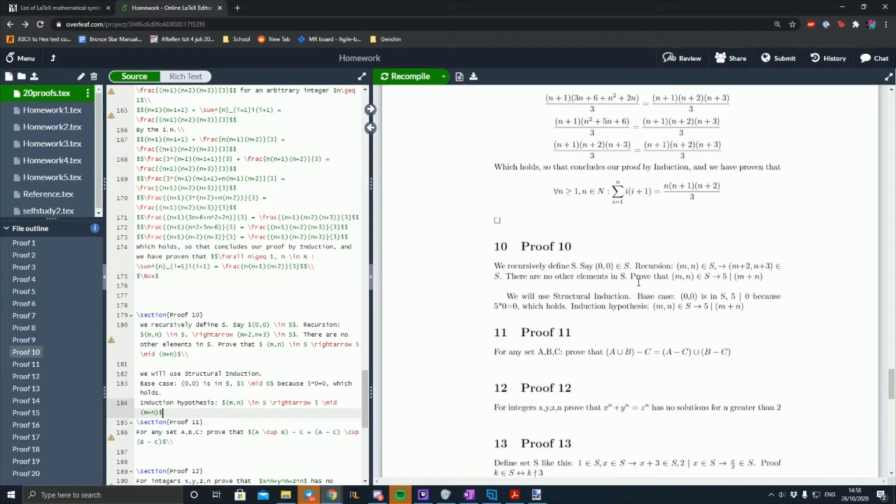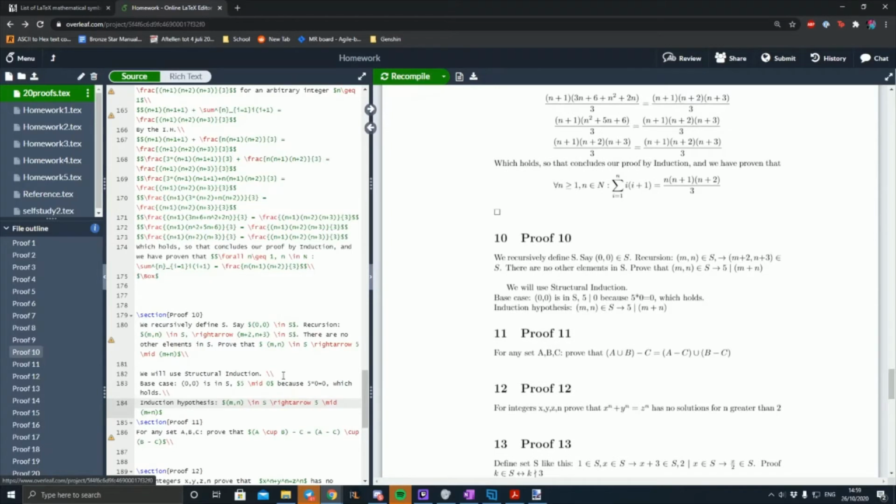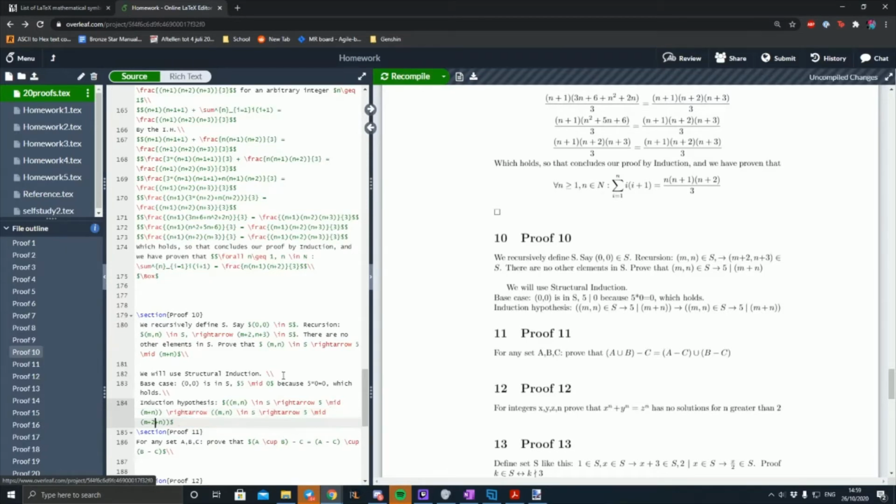How do we properly say this? Do we say like this right arrow, and in this case it wouldn't be m plus 1, but it would be m plus 2 and m plus 3?